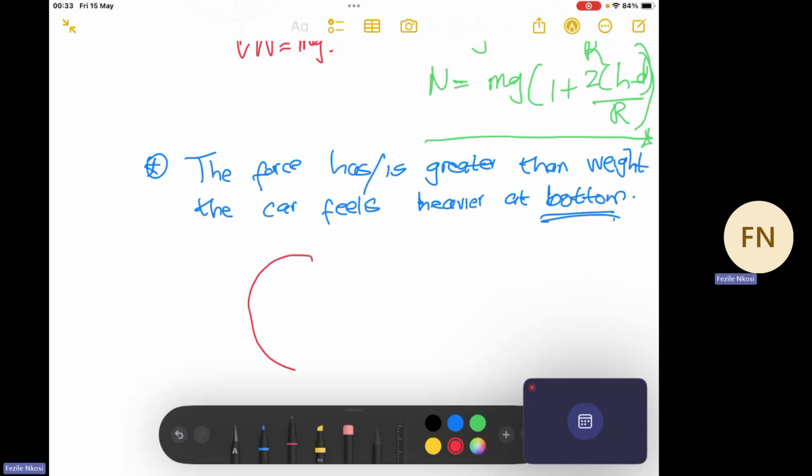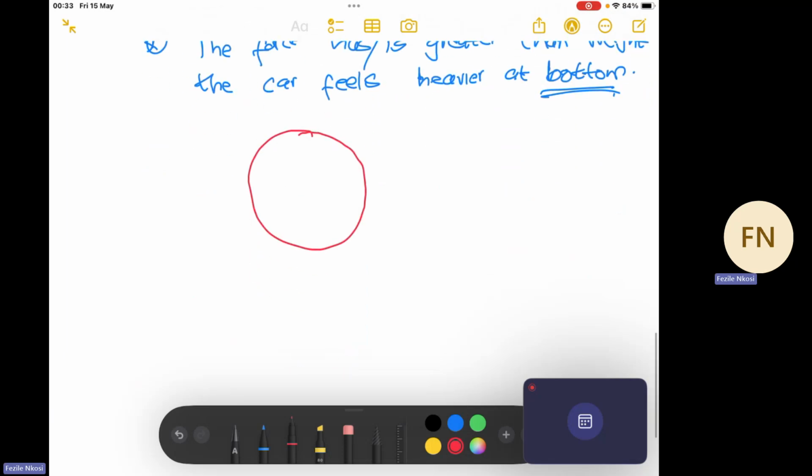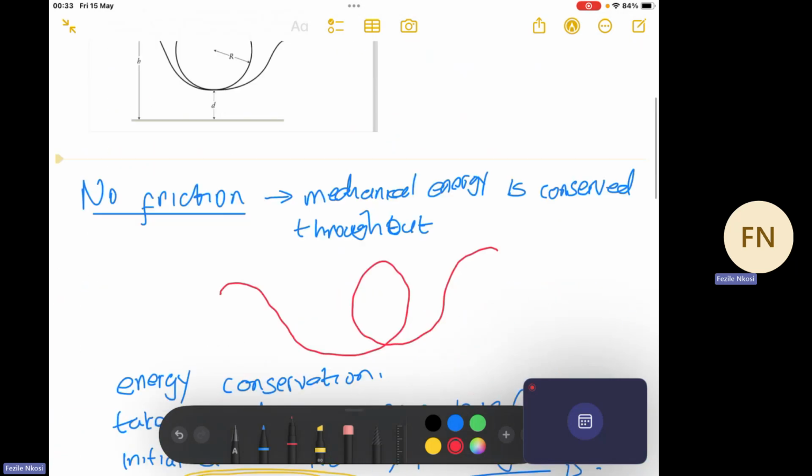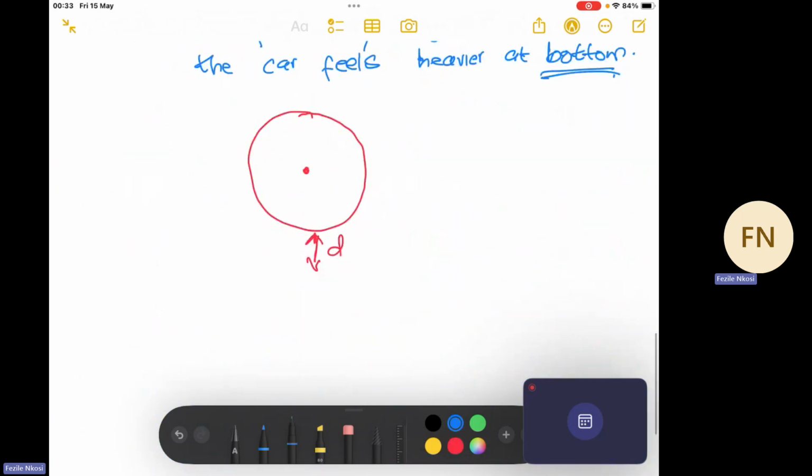Now let's draw that circle. We have this distance here, which is d, and then from here and here, the distance is r.